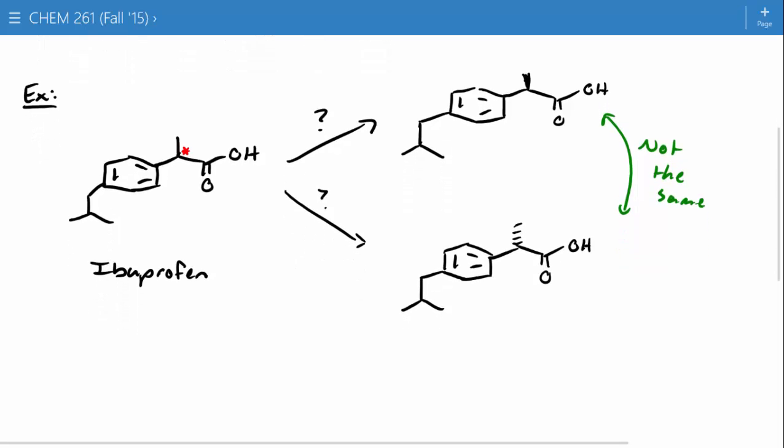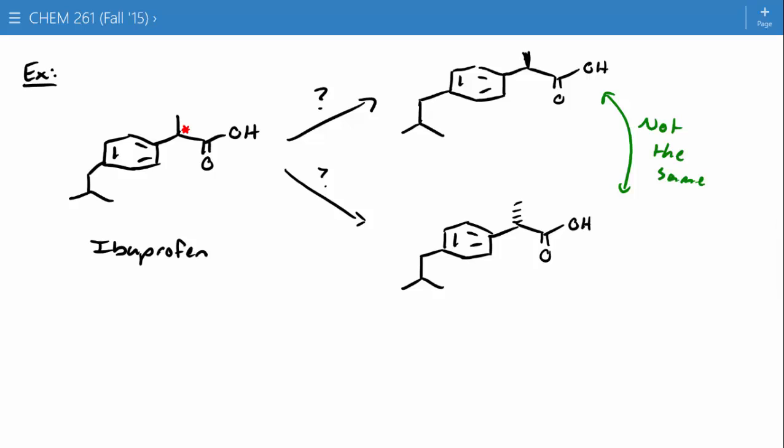So let's take a look at another example. But before we do that, let's label this as a racemic mixture, meaning a 50-50 mix.